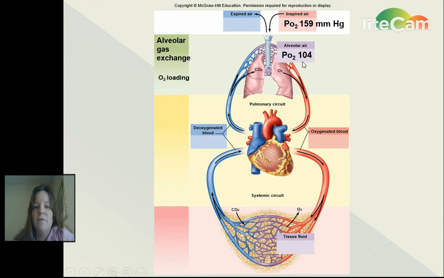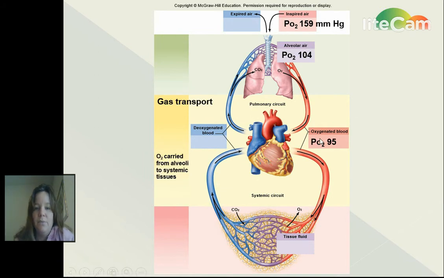And so the partial pressure of oxygen in the lungs, in the alveoli, is 104 millimeters of mercury. The blood leaving the lungs actually combines with a little bit of systemic blood from the bronchial veins. And so when it's transported, its PO2 is 95 millimeters of mercury.